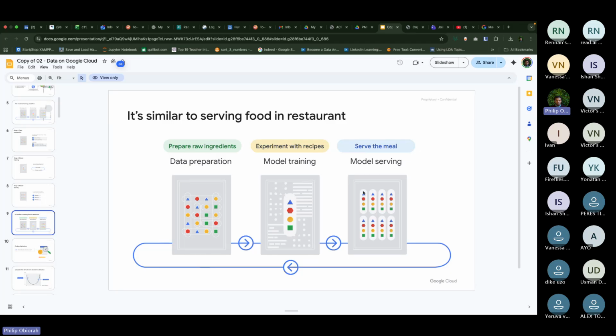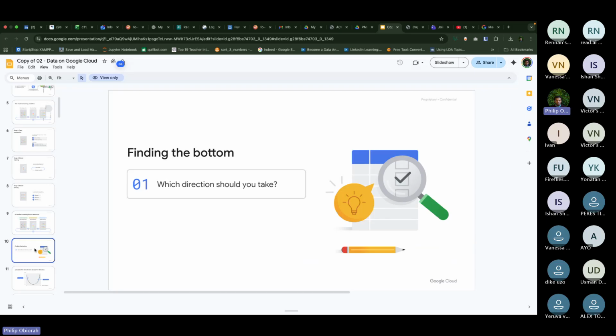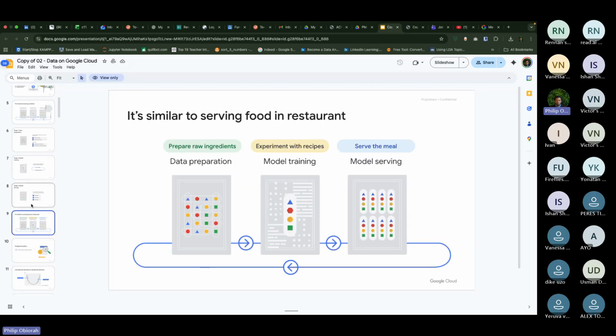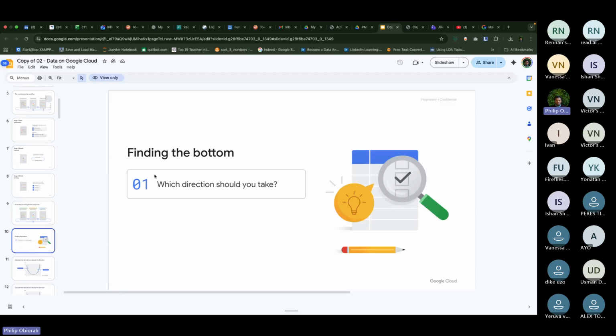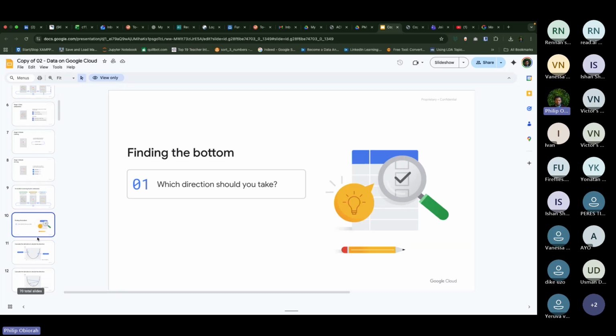All right. So now, how do we know a good model? How do we get to train a good model? There is this concept of finding the bottom. Machine learning is actually an optimization problem.